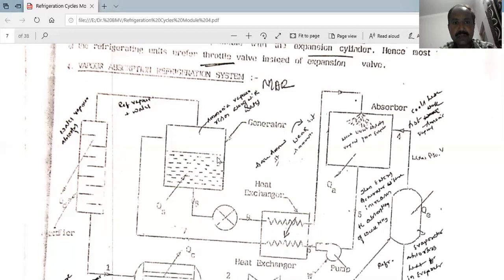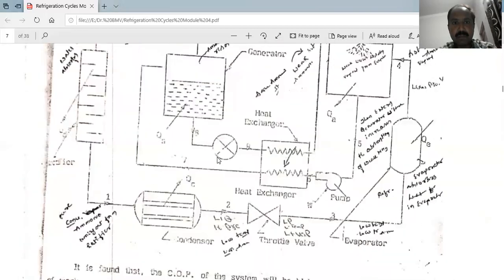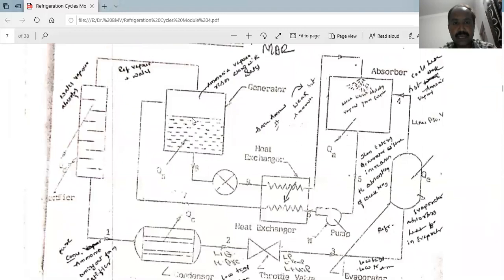The major components of the vapor absorption refrigeration system are the absorber, generator, and pump. The generator generates ammonia vapor, which rises and contains some water vapor.